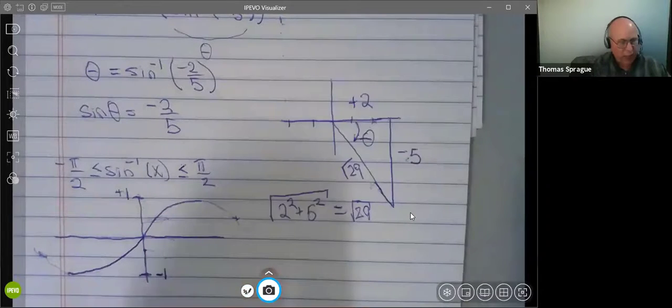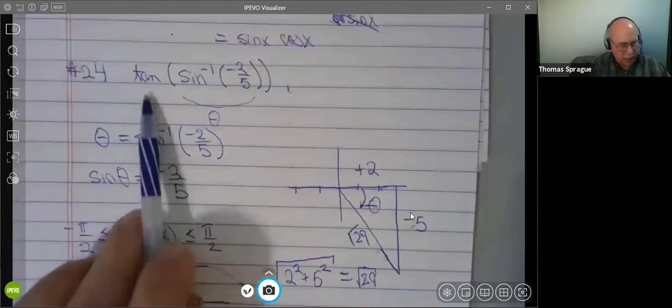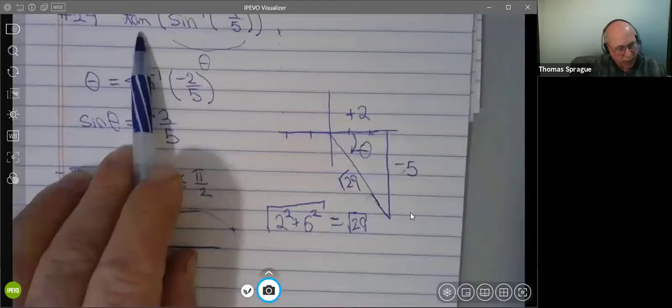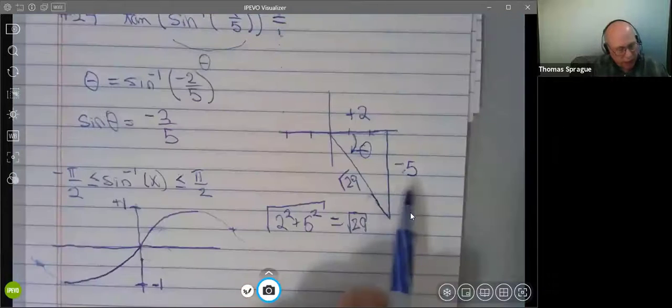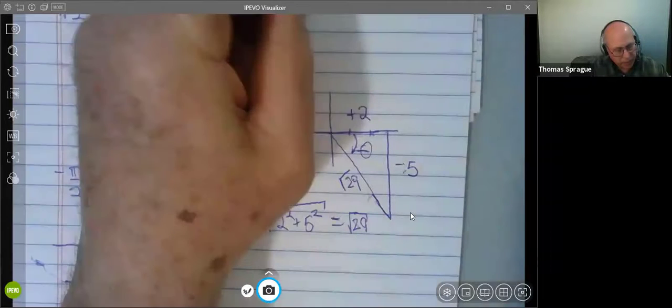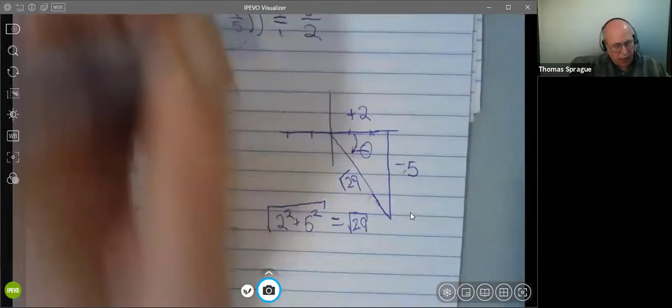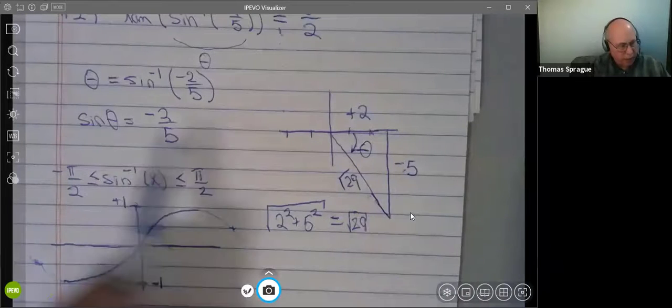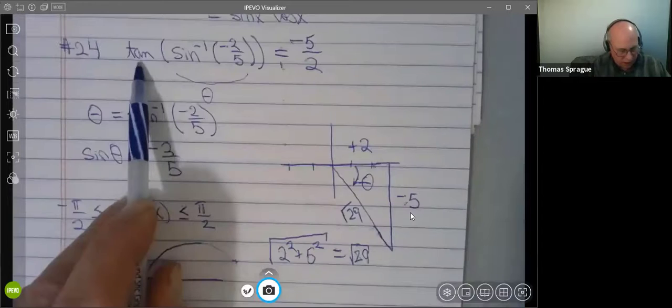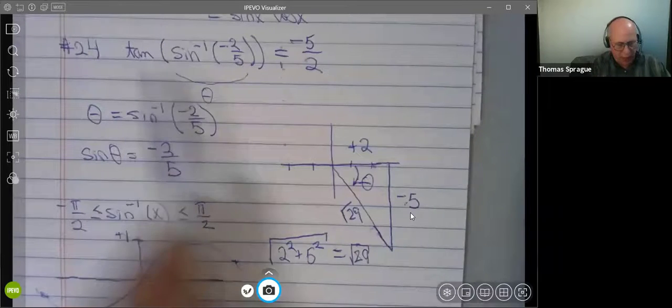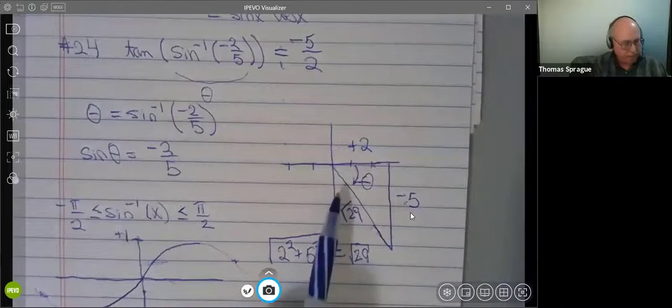And now we are ready. Can you compute the tangent of that angle? Yes, sure we can. It's opposite over adjacent. And as a matter of fact, once I have the triangle drawn, it really doesn't matter to me what this outer function is, because I can do all 6 trig functions once I have this much information, right?